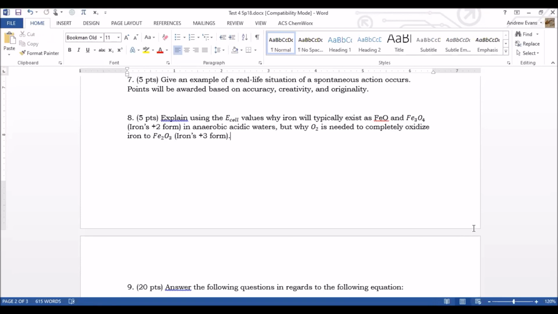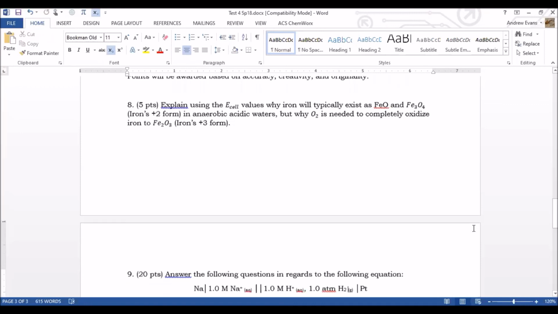But going from Fe3O4 to Fe2O3, you need a stronger oxidant. So you need oxygen to fully oxidize iron, to fully create rust. Iron will still degrade in acid, but it won't turn into rust in acid.